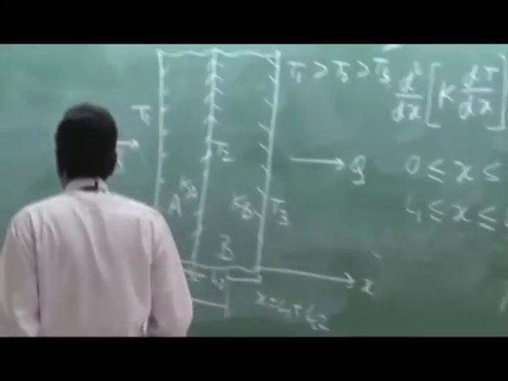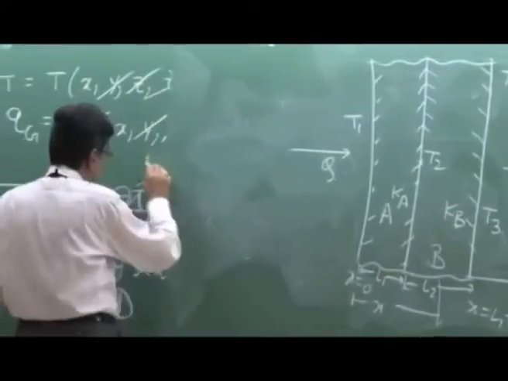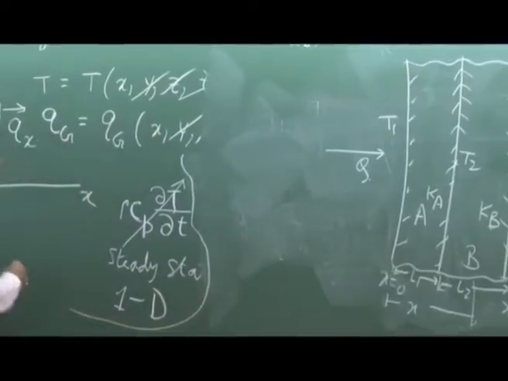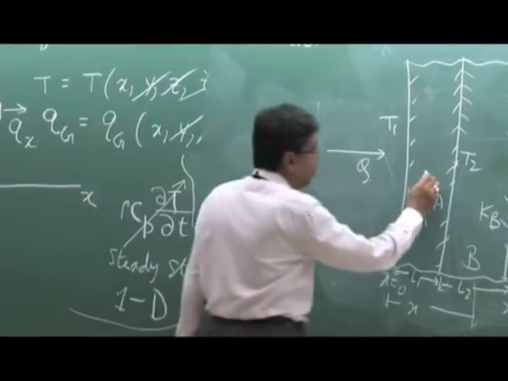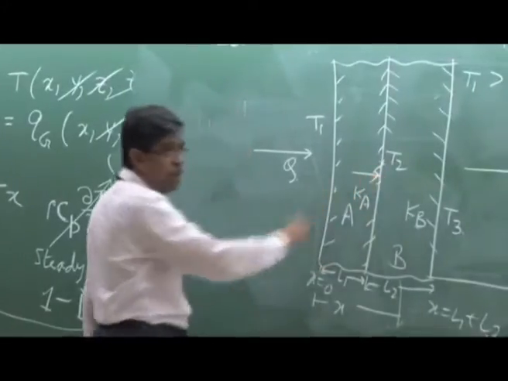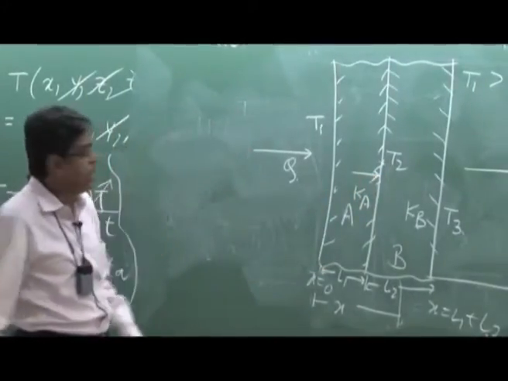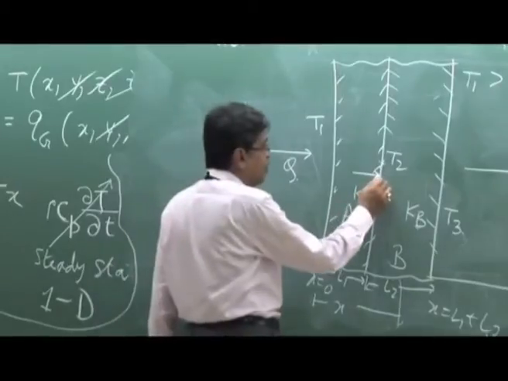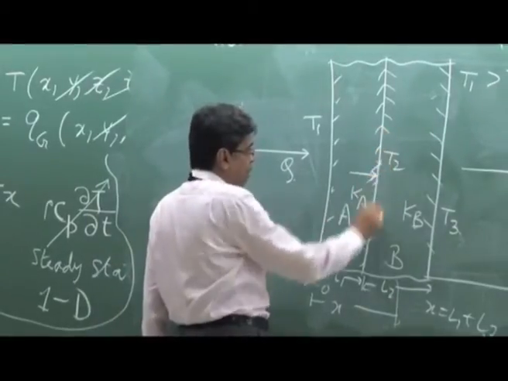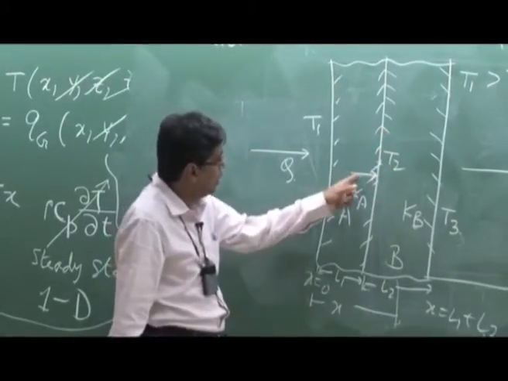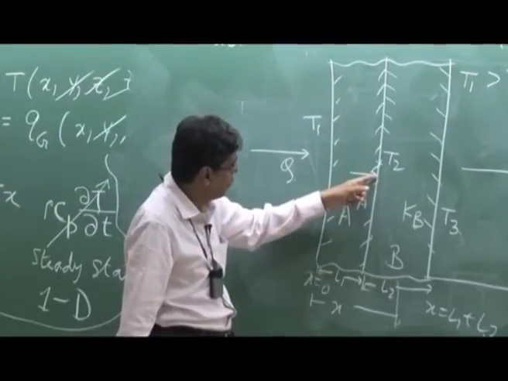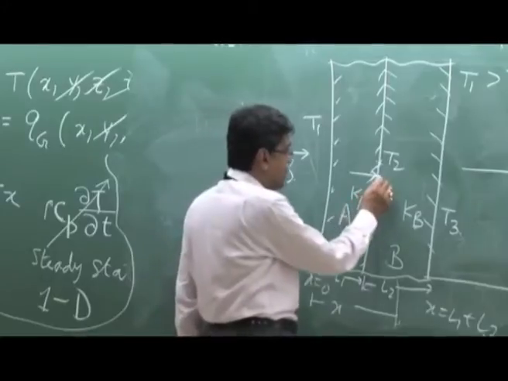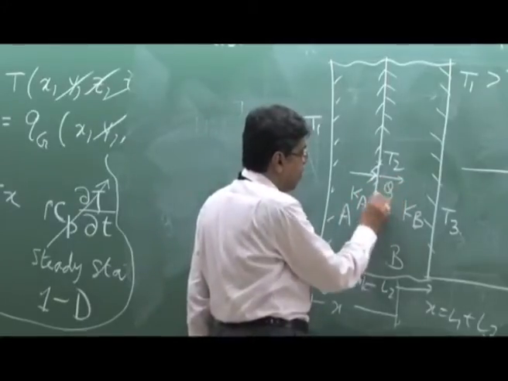And the slope will rather be found from this expression: the heat which is coming here from this side, from material A to this surface, and the same thing flowing here is the same, Q.